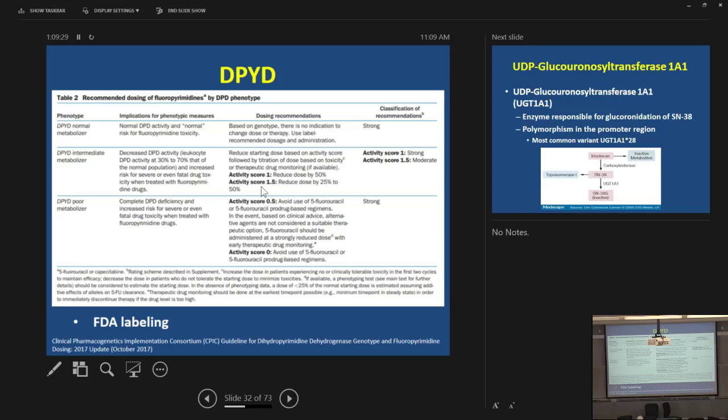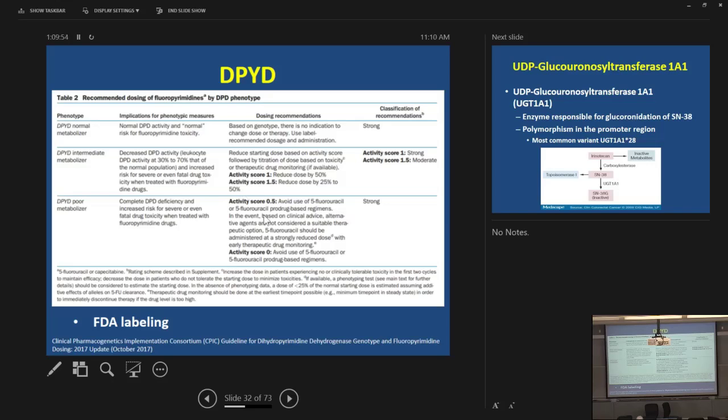The activity score is based on whether you have a functional and non-functional allele. If you have an activity score of 1, they say to reduce the dose by 50%. If you have an activity score of 1.5, reduce the dose by 25 to 50%. So 1 would be closer to a poor metabolizer, and 1.5 would be closer to a normal metabolizer.